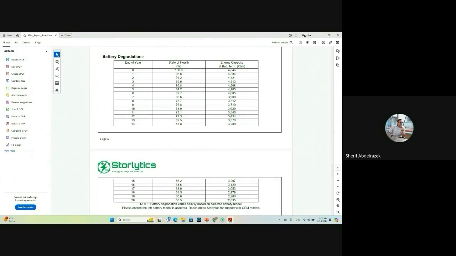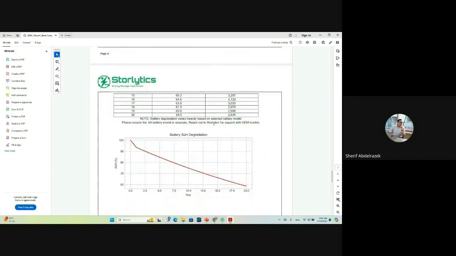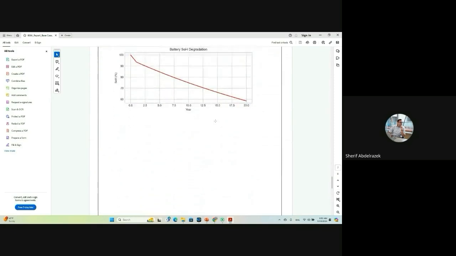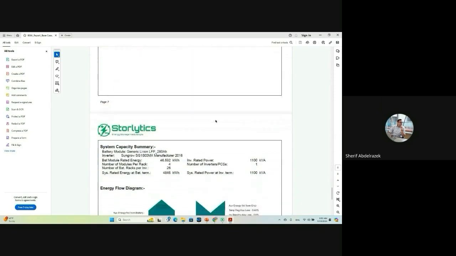What we have here is we get below that 4 megawatt hour mark at year 6, right? So what does that tell us? We need a bigger battery, right? We need to get to 20 years without going below that 4 megawatt hour mark. We need a bigger beginning of life capacity for our battery system, right? So that's what we'll do here in a bit.